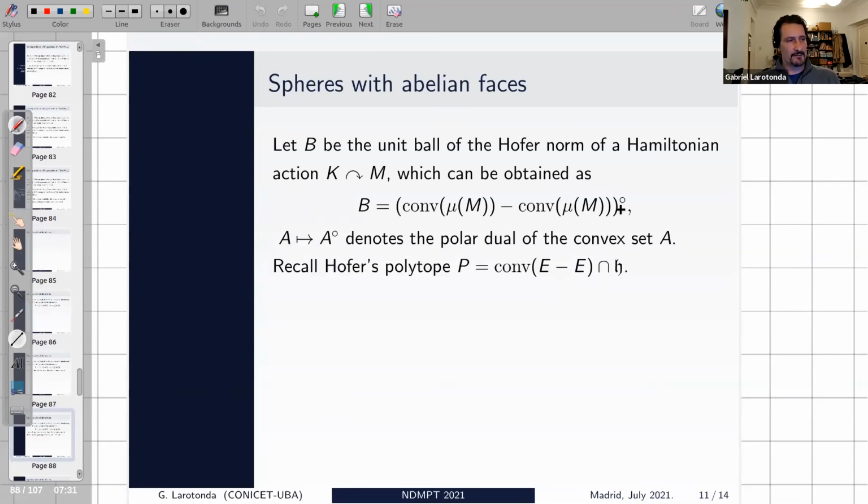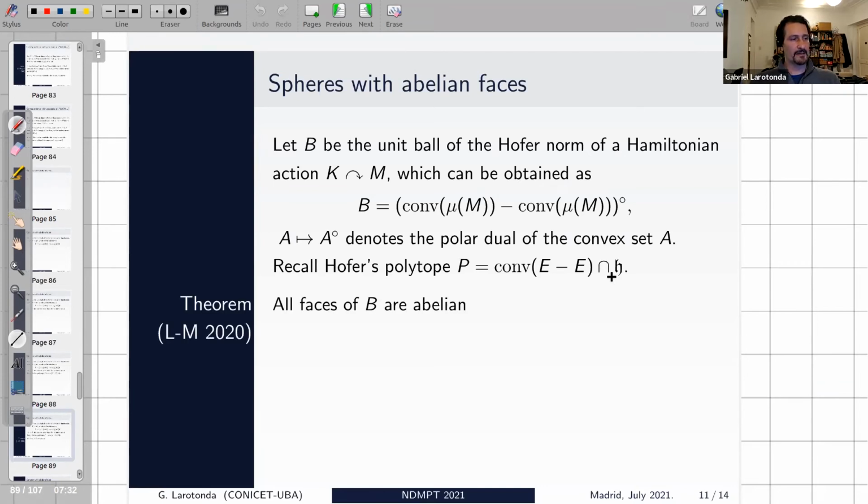And the other definition that was important, which is what we call the Hofer polytope, is that you take the convex hull of μ(M) again, and you intersect it with the fixed Cartan subalgebra. Well, the theorem here says that all the faces of this polytope, or of the unit ball, are abelian if and only if all the extreme points of P are regular.